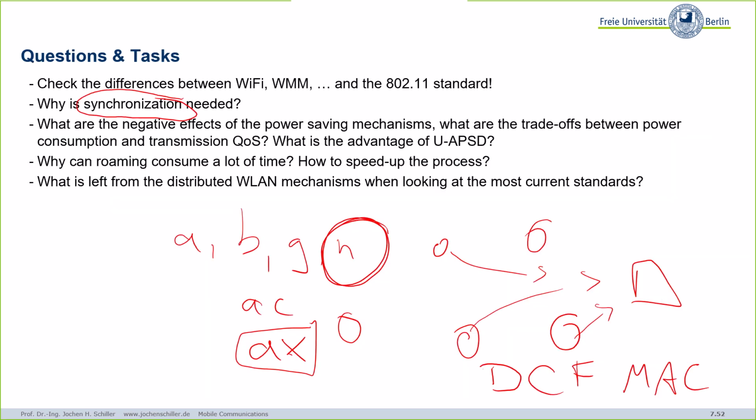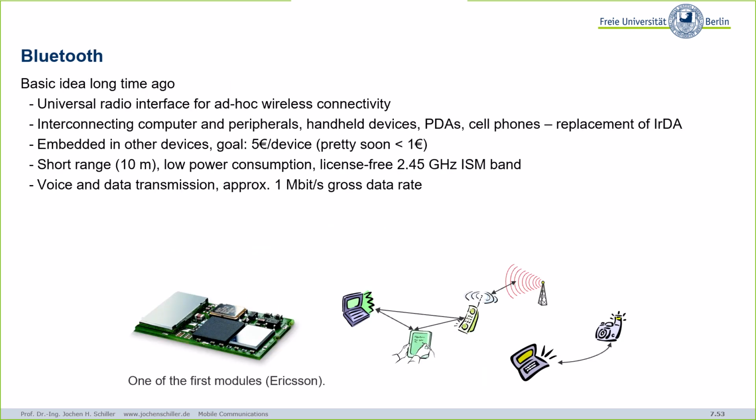Okay, so that's all about the wireless LANs. And then we had a look into Bluetooth. Bluetooth, I told you the very beginning with this very simple idea of, well, replacing cables and replacing the infrared.